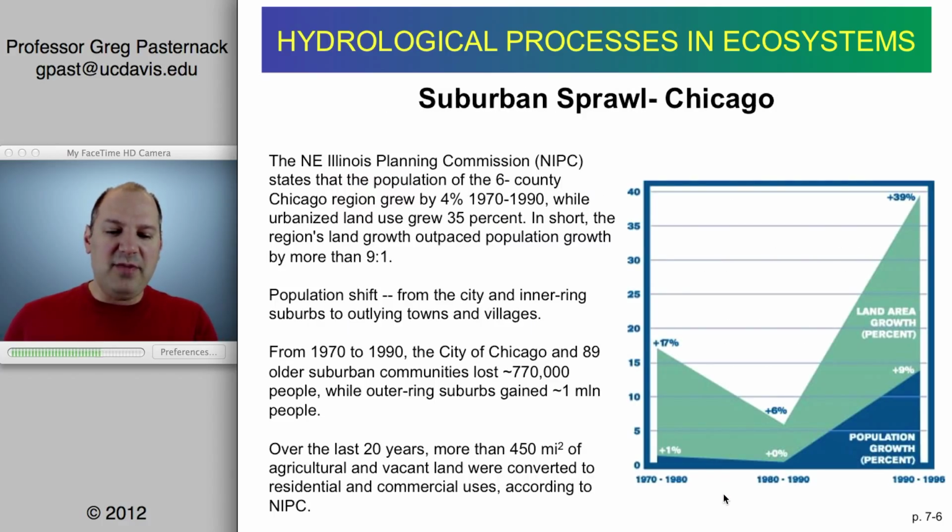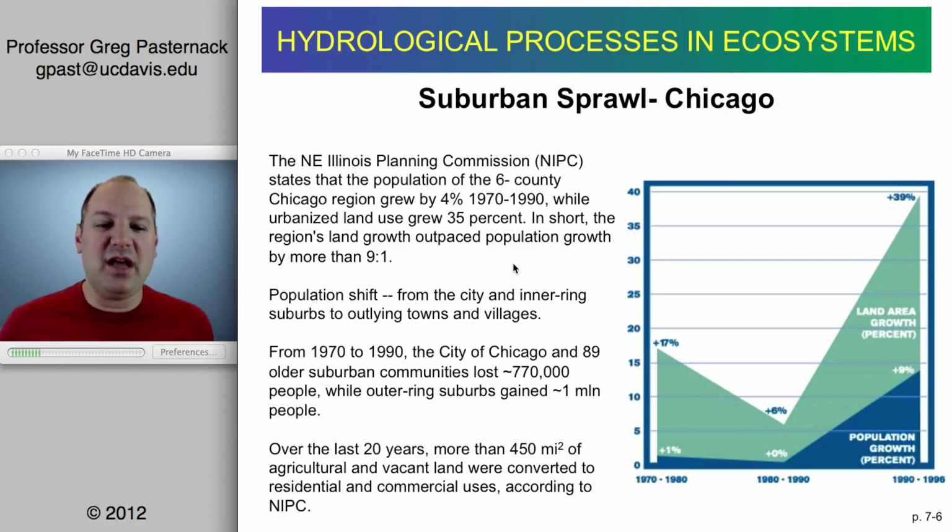That's illustrated by this graphic about Chicago. The Illinois Planning Commission states that the population of the six-county Chicago region grew by only 4% from 1970 to 1990, but urbanized land use grew 35%. So it takes 9 times more land growth compared to population growth, and that's not characteristic of highly urbanized, dense development.